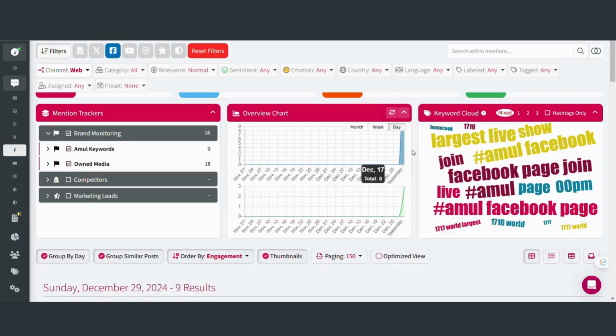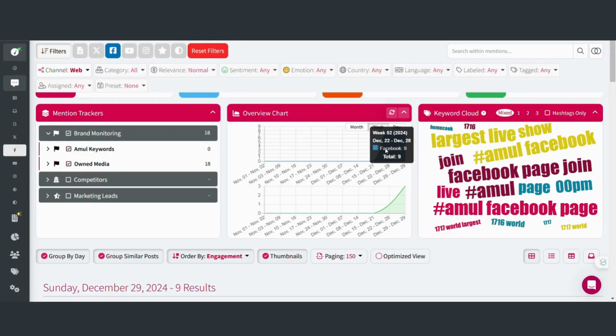Coming to the overview chart, there's a spike yesterday, which is the 28th of December, with a total of 9 mentions being recorded, 3 of them being positive. On a weekly basis, December 22nd to 28th shows the highest spike.